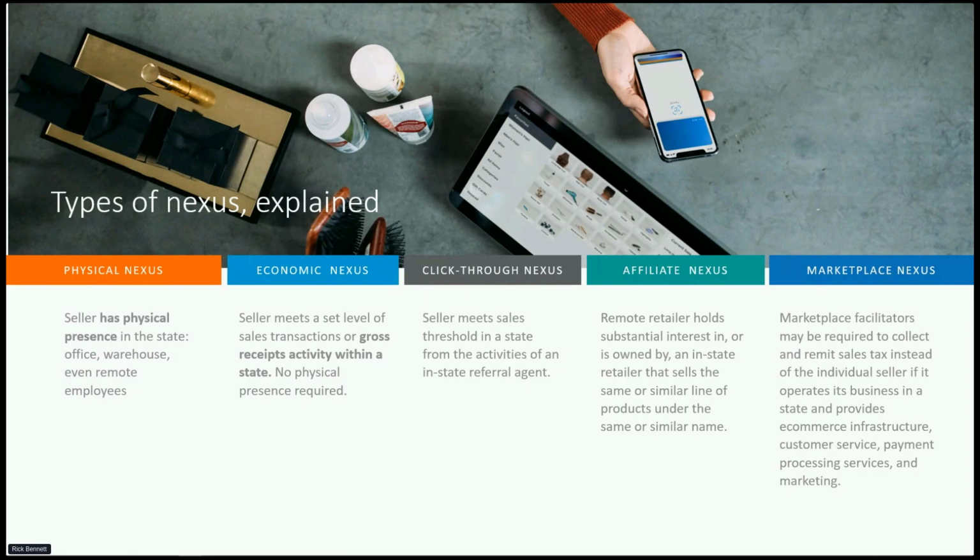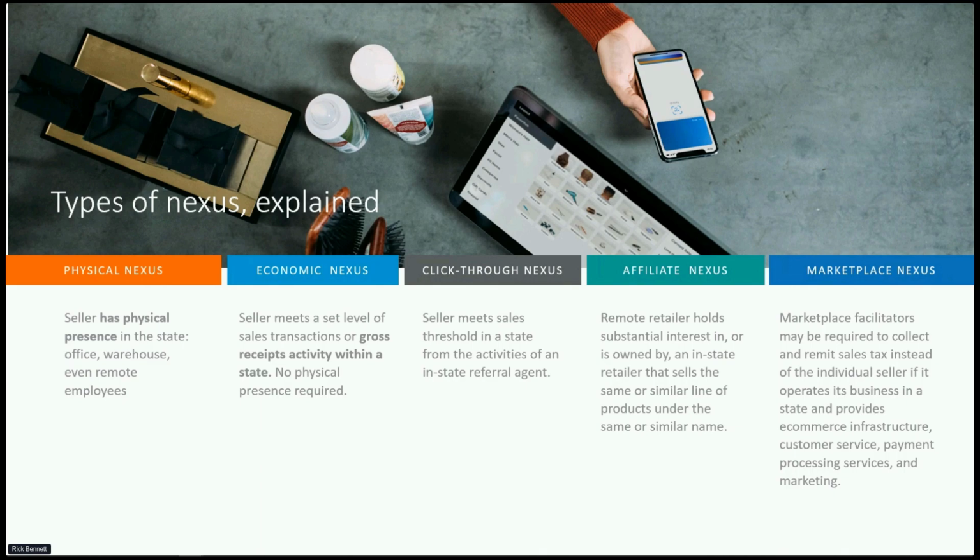Economic nexus is another form of nexus, and it is a newer form that has to do with hitting certain dollar amounts or transactional volume in a state. And it doesn't matter if your sales in the state are 100% exempt or 100% taxable.